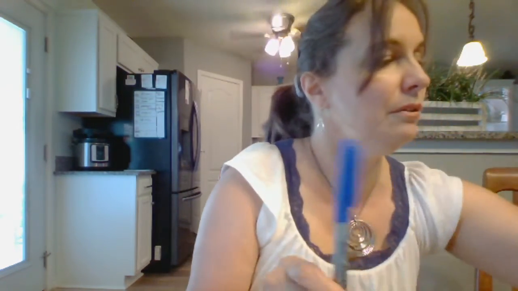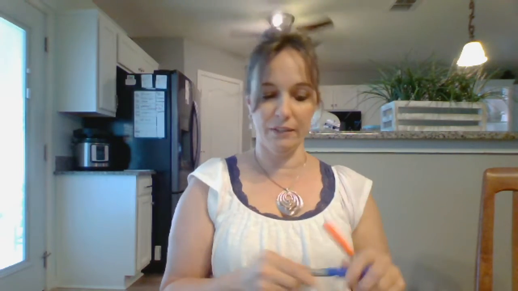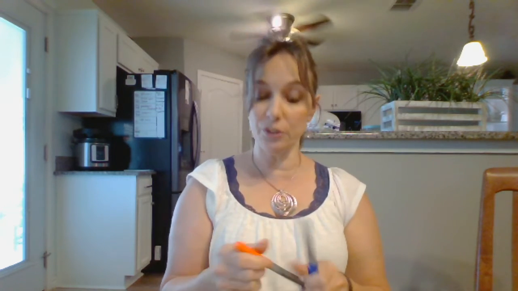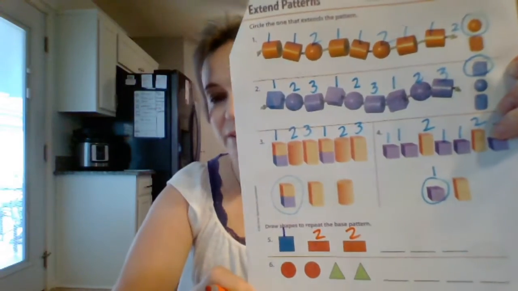All right, and now it says draw shapes to repeat the base pattern. So I'm going to have to get, we need a blue and a red. So I need a dark blue, and I need my red, which I have a reddish orange. So the first one is square, so that's a number 1. And then we have a 2, 2, because we have 2 rectangular prisms. All right, that's the end of the pattern.